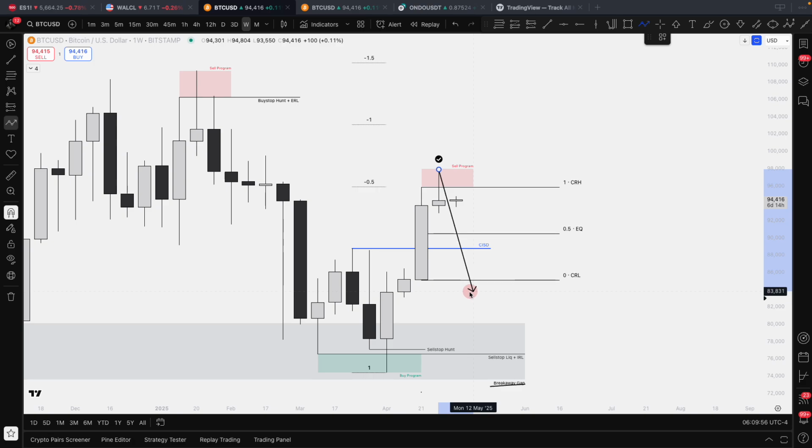But in my opinion, that could be too deep, because that'd be trading us right into the weekly order block. I think for now, targeting the equilibrium, maybe a little bit deeper into the discount of this big up close candle range, and then we begin to target higher.